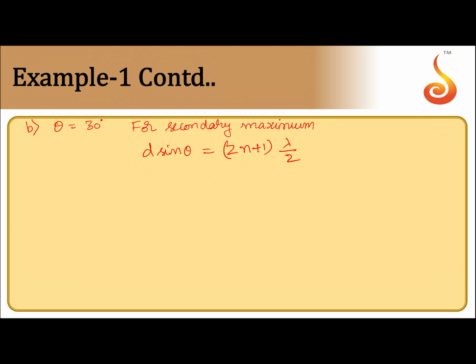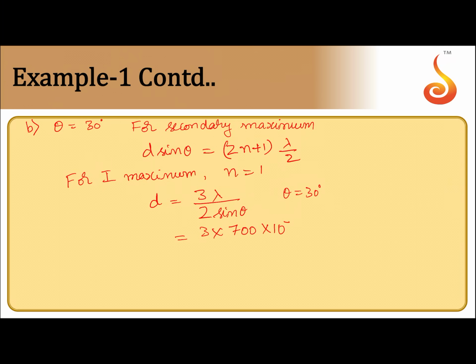So for first maximum, n is equal to 1. So d is equal to, this will become (2 into 1 plus 1), that is 3, lambda divided by 2 sin theta. They have given theta is equal to 30 degree. So this will become 3 into 700 into 10 power minus 9 divided by 2 into sin 30, which is half.